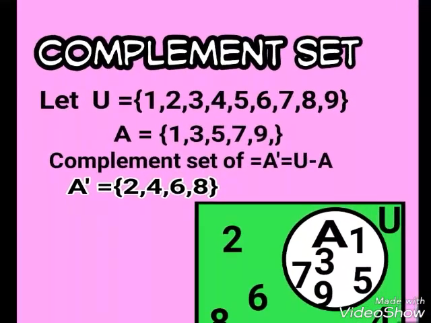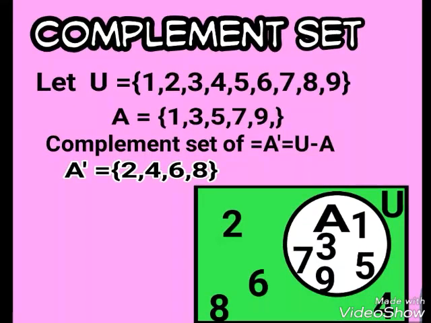Now let U be a universal set for set A. The complement of A is equal to U minus A. Now suppose we have an example here.